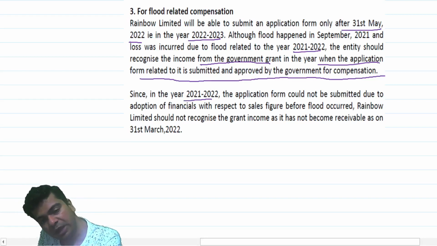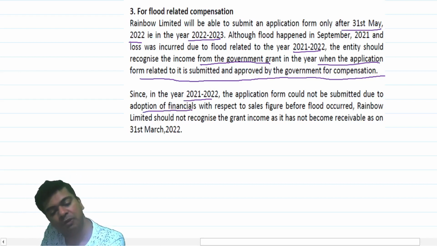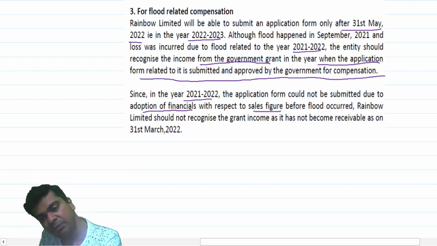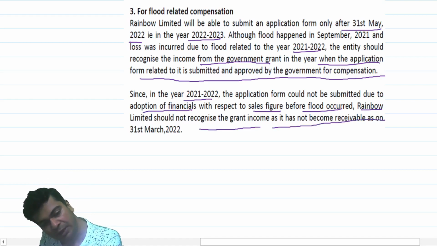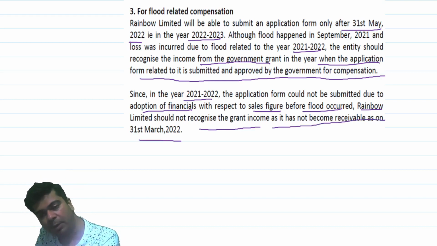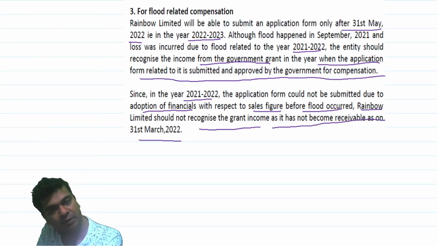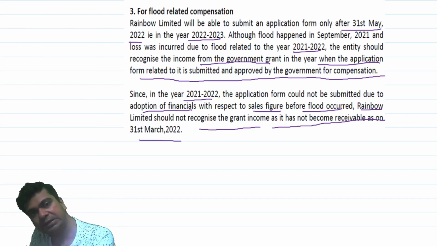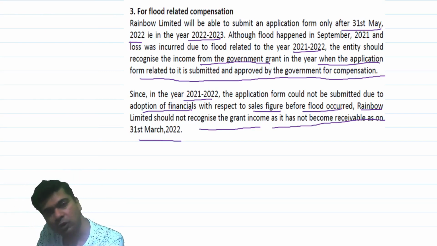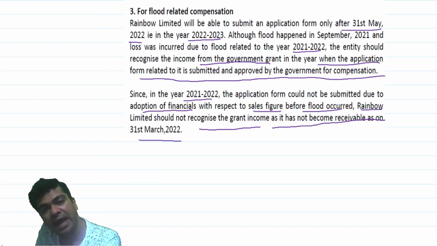Since in the year 2021-22, the application form could not be submitted due to adoption of financials with respect to sales figure before the flood occurred, Rainbow Limited should not recognize the grant income as it has not become receivable as on 31st March 2022. When you are preparing your balance sheet or finalizing your financial statements for the year ended 31st March 2022, at best what you can do is consider this as a probable inflow of resources and show it as a contingent asset.